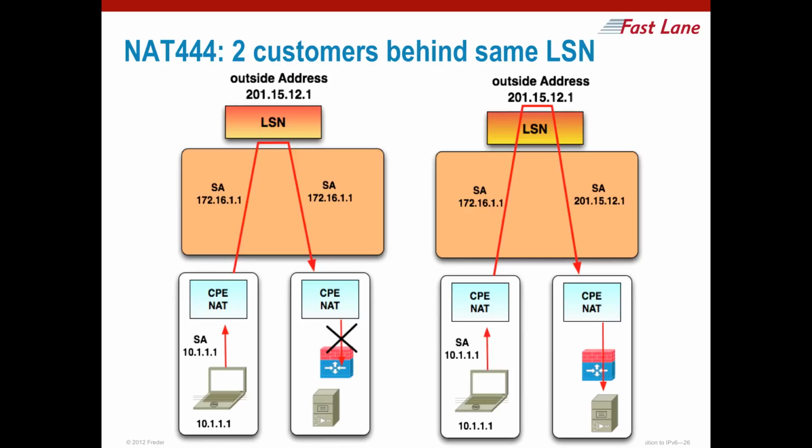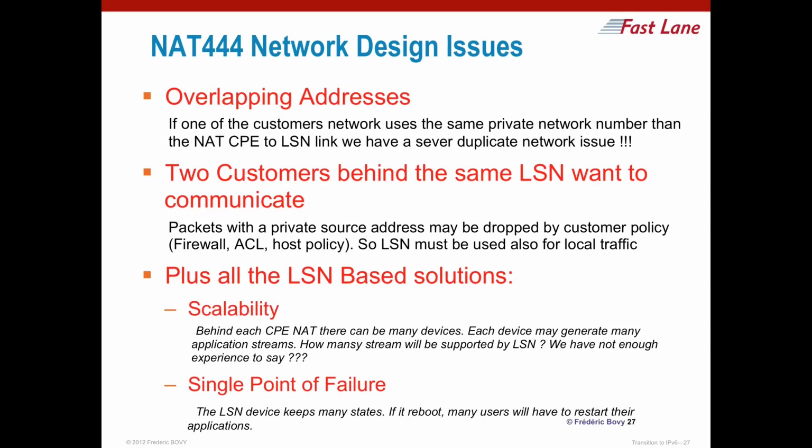So this is bad, and one way to avoid this could be to translate all packets, but it means that the LSN will be really loaded, because it will also need translation for the local traffic, which is really a lot. So the double NAT design issues, overlapping addresses or two customers behind the same box, are two big problems.